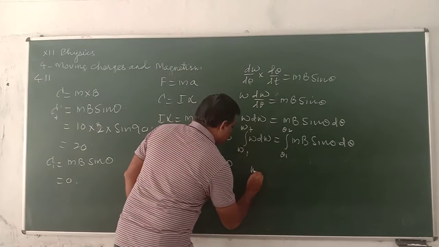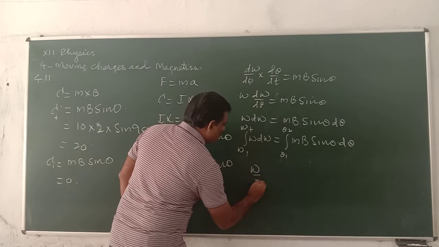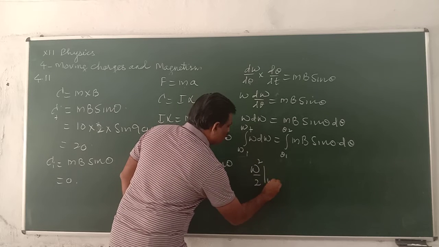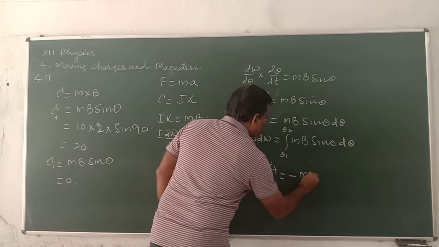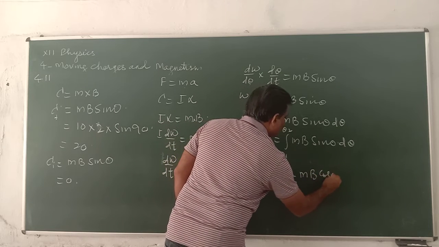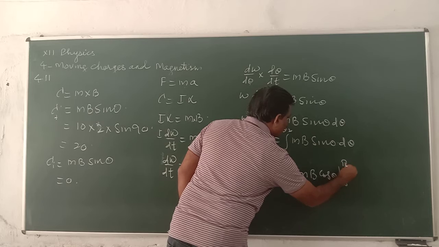Therefore, it becomes omega square by 2 from omega initial to omega final, equal to minus MB cos theta by I from 0 to pi by 2.